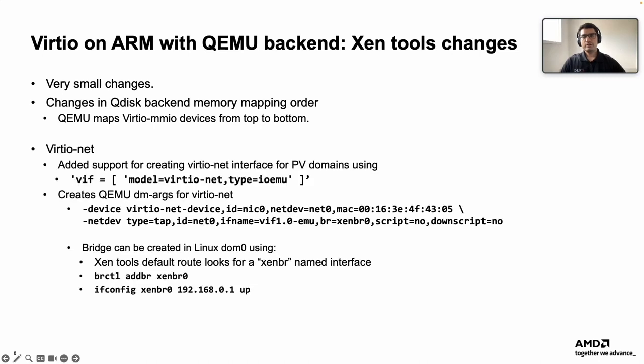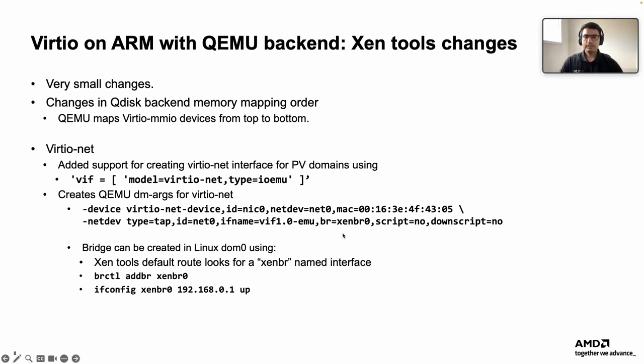And for VirtIO net to use with QEMU for PV domains, we just added an extra option for type IOEMU, and we enabled it for the PV domains. With that option, as you can see in the commands below, it generates these commands, and these are for the QEMU DM.